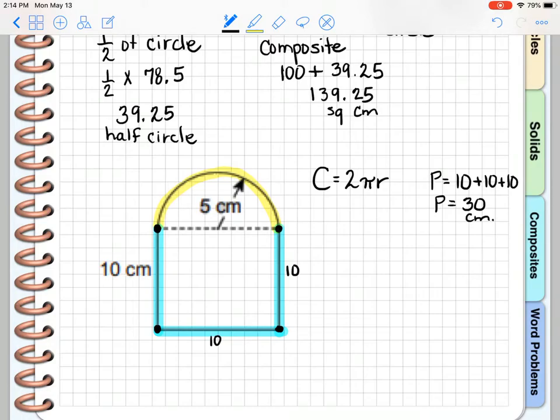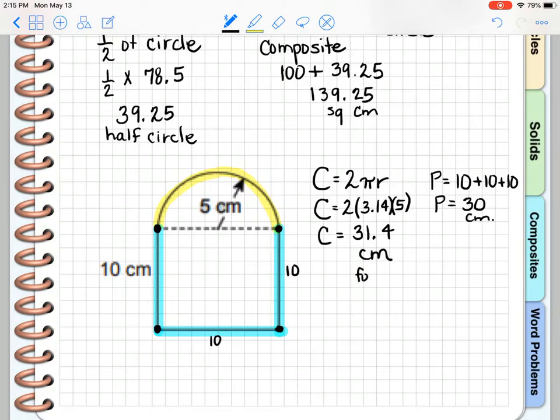Okay, to get the circumference, you're going to say 2 times pi times the radius, which is 5. And so that is going to be 31.4. Let me double check that. And that is plain centimeters.